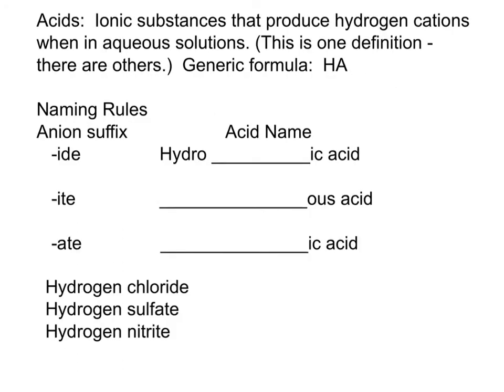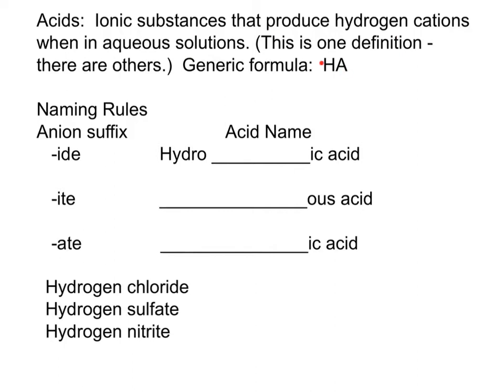So to begin, we're going to discuss acids, and we're going to get into this in depth later in the course, but acids are a class of ionic substance, and they produce hydrogen cations when they're in aqueous solution. At least that's one definition. Now, as you're going to come to learn, there are several different ways we can define acids.